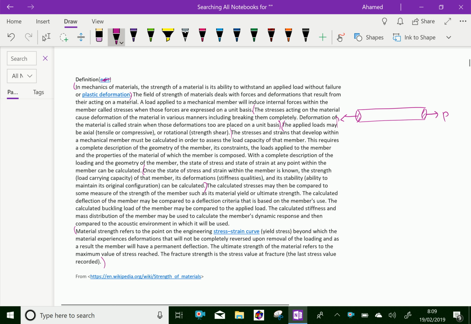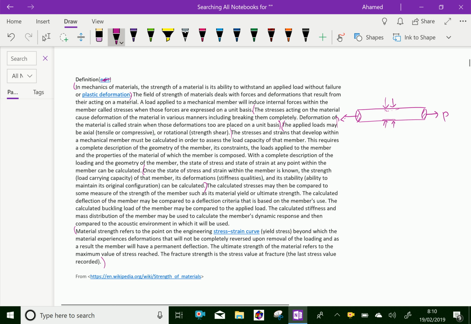After increasing the load, some small changes occur in the material which are caused by the axial load. Due to that axial load, a force is acting perpendicular to that load.